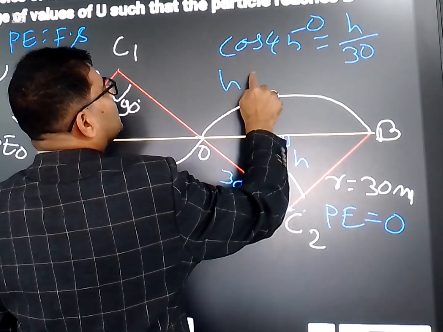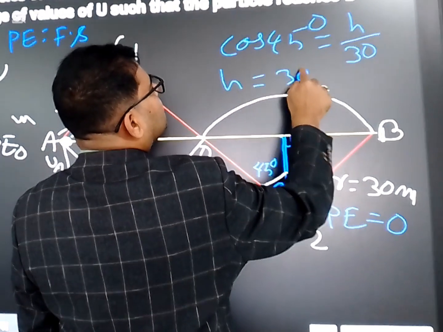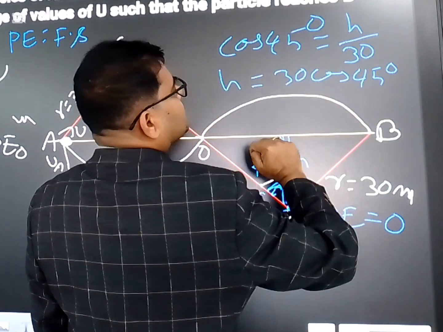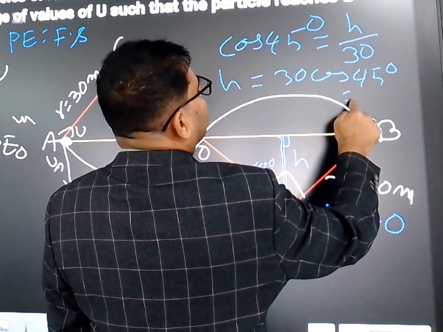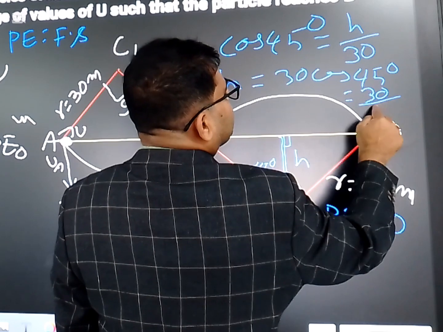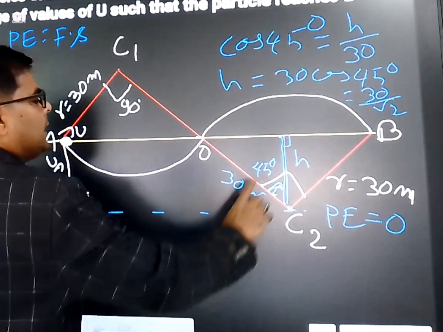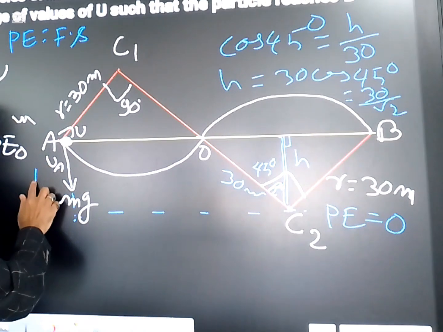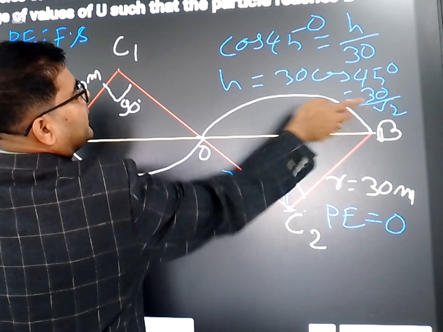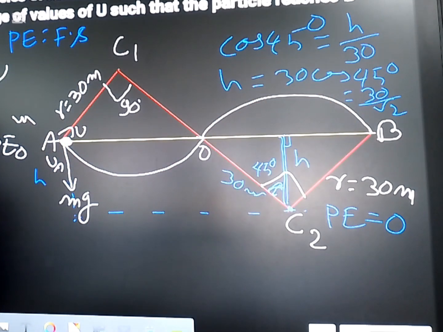That means your h value is 30 cos 45 degrees. And you know that cos 45 degrees is 1 by root 2, so we can also call this 30 by root 2. That means we have found this height h as 30 divided by root 2.